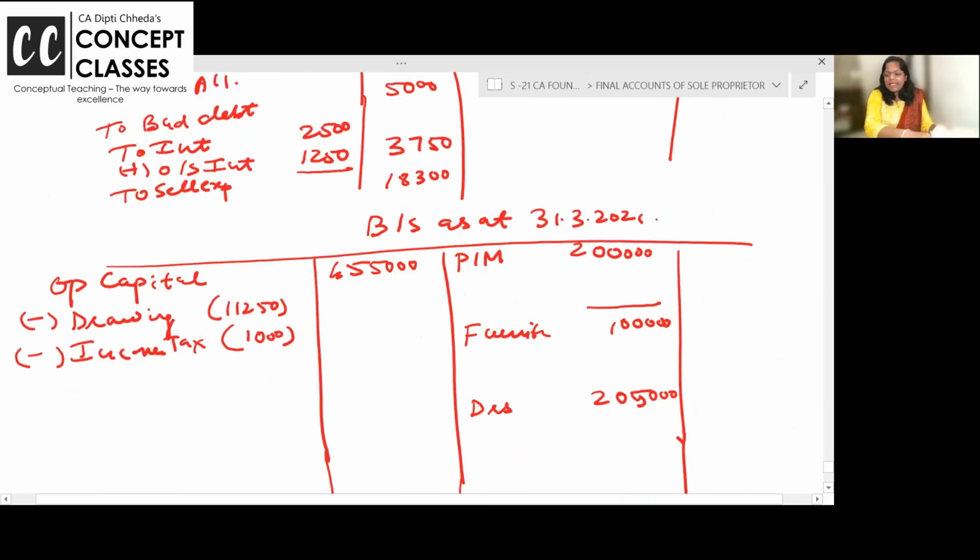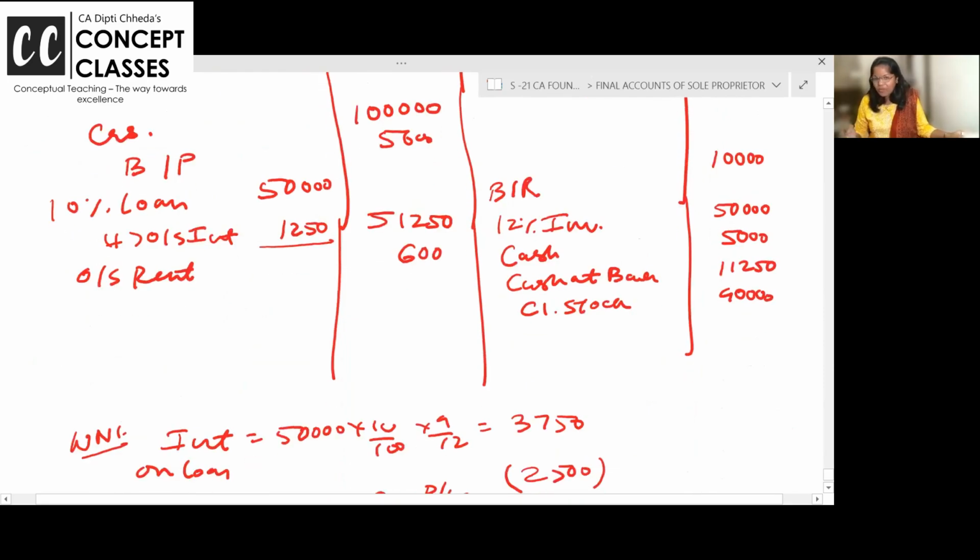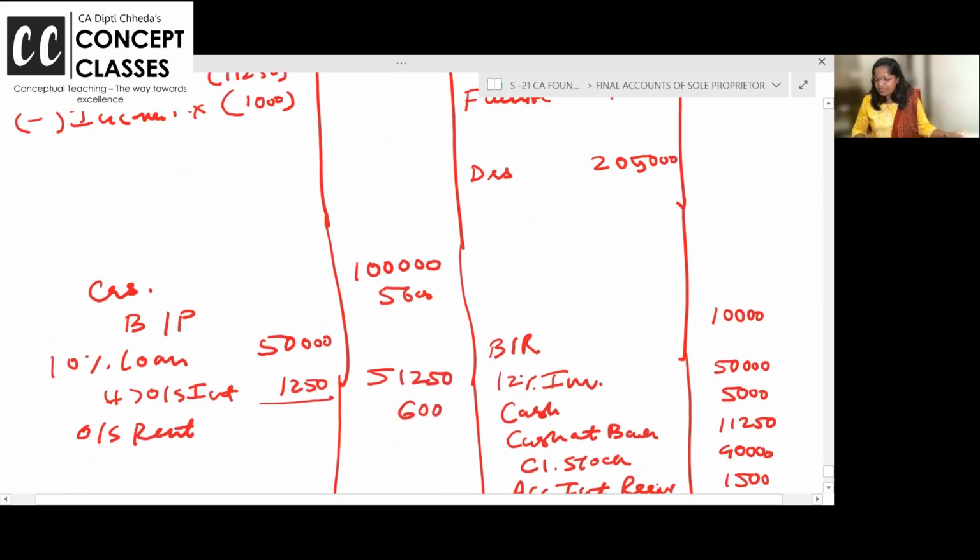And in the asset we should take it. Accrued interest is the interest which you have to receive on investment. Don't add it in the investment separately. Accrued interest receivable, due but not received on investment, 1,500 rupees.